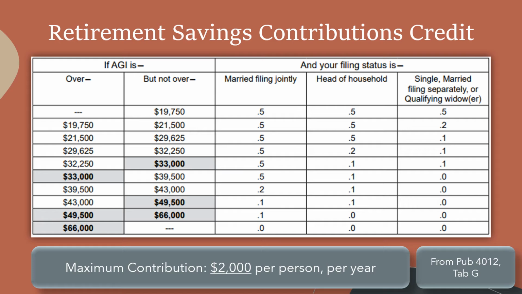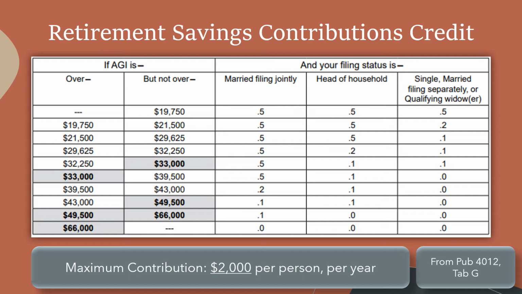So again, we have our brackets. If AGI, adjusted gross income, is over a certain amount but not over a certain amount, then if our taxpayer has a certain filing status, they will be able to multiply the amount that they put in by the decimal.